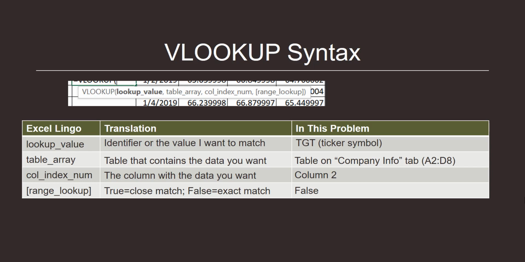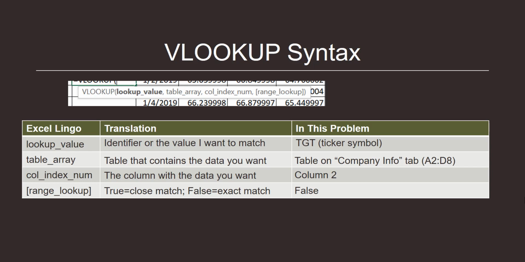If we had a ticker symbol for a different company in there, or if we had coded the ticker symbol wrong and it was TST, if we use true, Excel would populate TST with target because it's the closest match. But I don't want that. I only want it to populate target if the ticker symbol is exactly TGT.